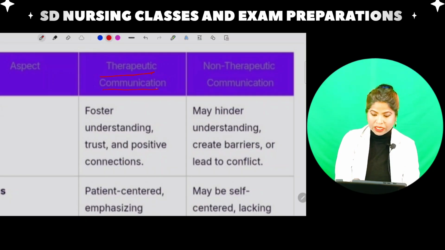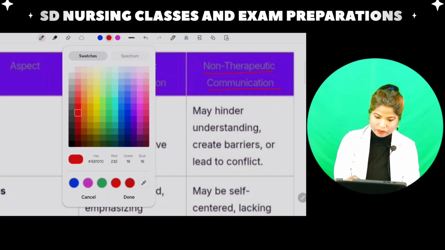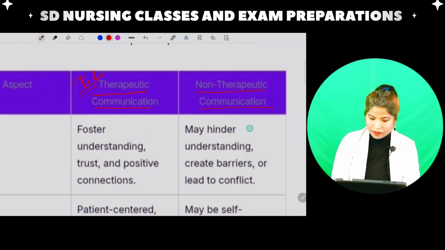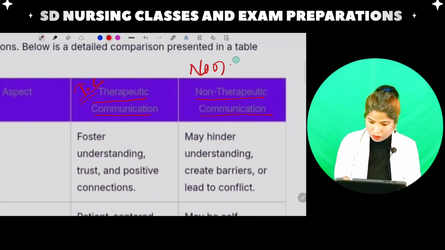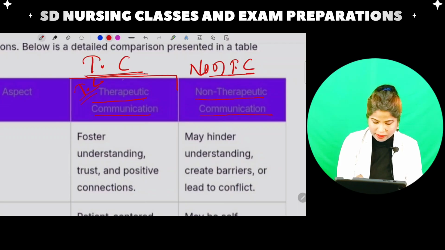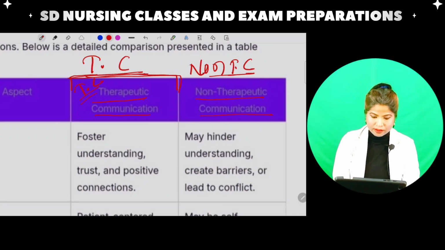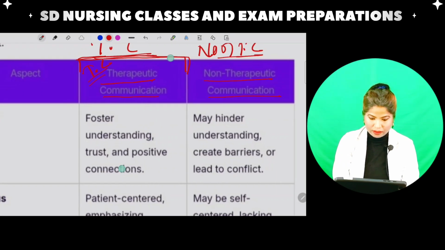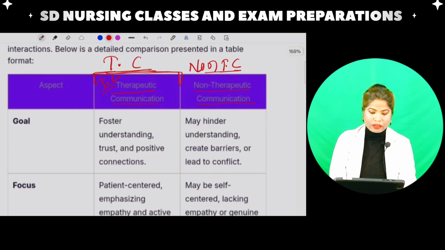This is therapeutic communication and this is non-therapeutic communication. Let me say it again: what are the differences between therapeutic and non-therapeutic communication?